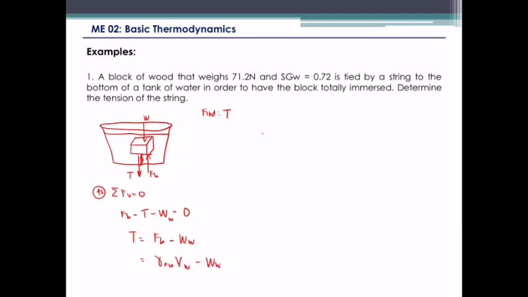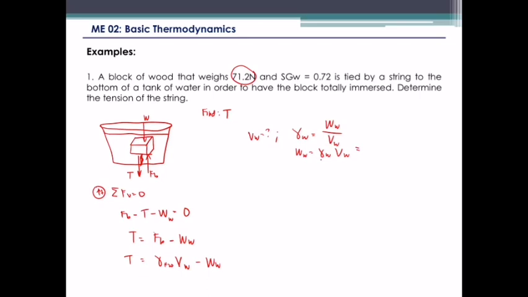By the way, the weight of the wood is 71.2 newtons. How about gamma of water? Gamma of water is 9810 newtons per cubic meter. What about the volume of the wood? We don't have it yet. From the formula, gamma of the wood is weight of the wood over volume of the wood. Therefore, weight of the wood is gamma of the wood times volume of the wood.